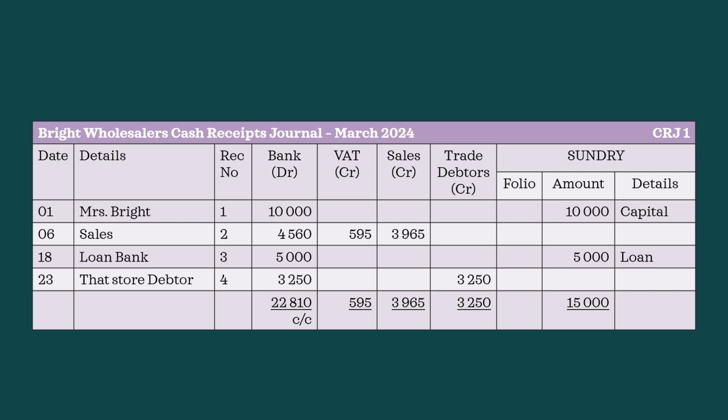To double check this, you can add the totals across horizontally. So you can take VAT, sales, trade debtors, and then the sundry, and it should come to the same amount as the bank. This is called crosscast and is shown as CC.